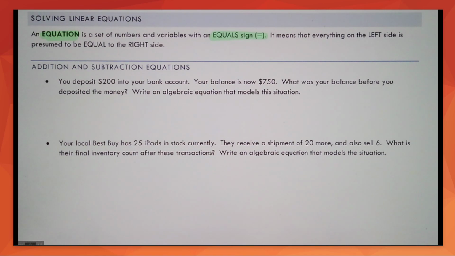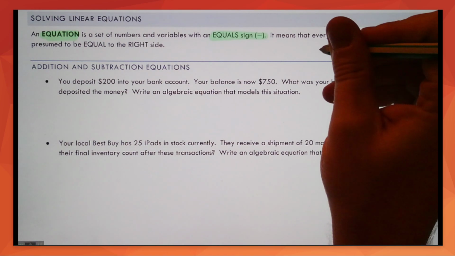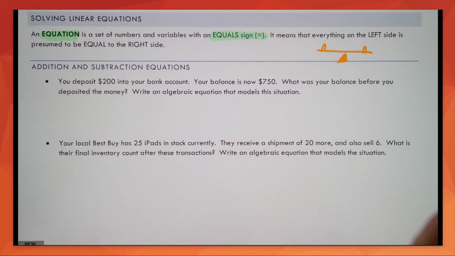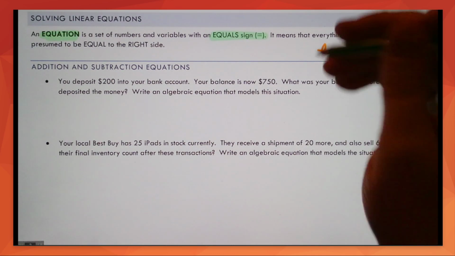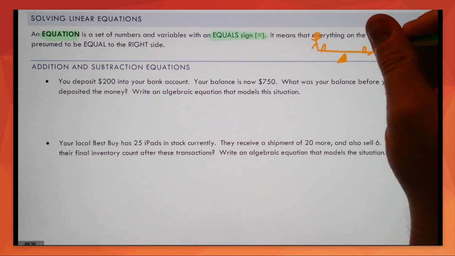And what an equal sign is sort of like is kind of like the playground, right? At the playground, you have all kinds of equipment, and they have a seesaw. A seesaw has a base, and then it has a board, and it's got a bar on both sides, and you sit over here and your friend sits on the other side.